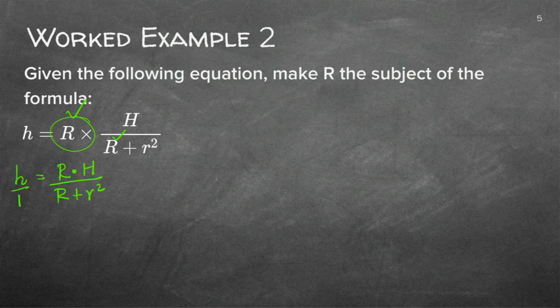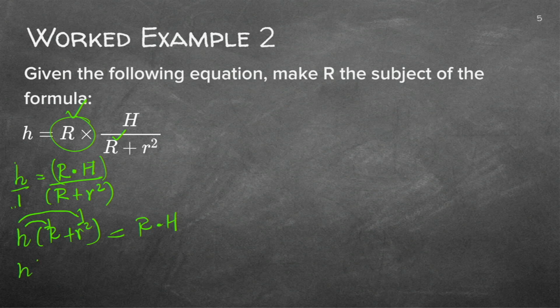Now we need to move into making the other side also a fraction, so h over 1. Now you can easily cross multiply. You multiply this value by h up there, so you will have h times R plus R squared equals, you multiply RH by 1, so this becomes R times H. Now we want to simplify this bracket, so we can easily distribute h there, so you will have hR plus hR squared.